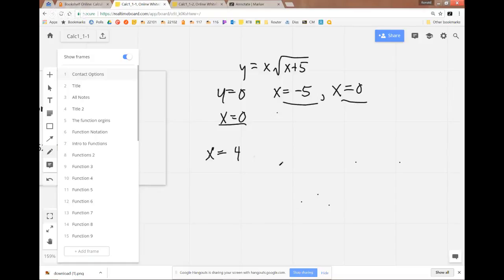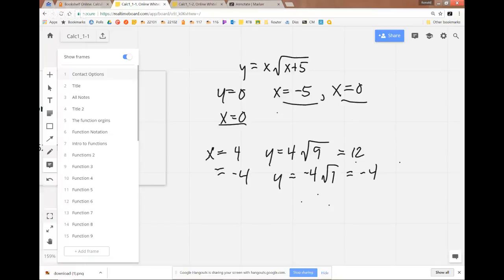If x equals 4, then y equals 4 times the square root of 9, which is 3, so that would be 12. And if x equals negative 4, we get y equals negative 4 times the square root of 1, and we don't get the same thing. So it looks like we don't have symmetry either way.